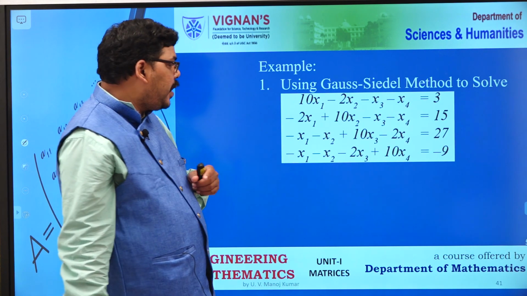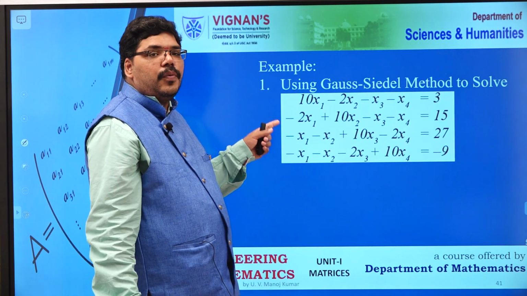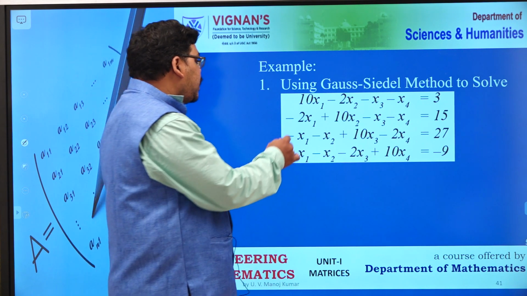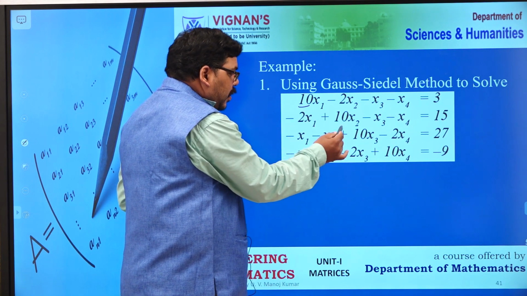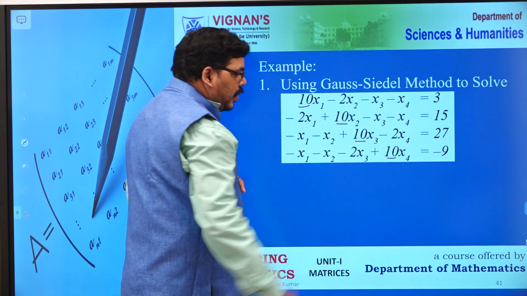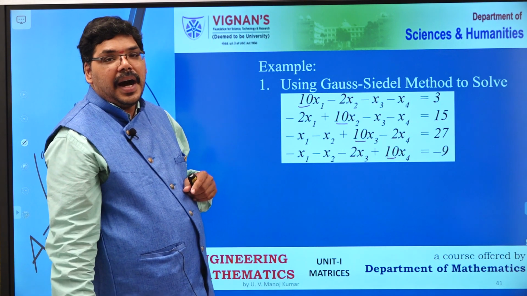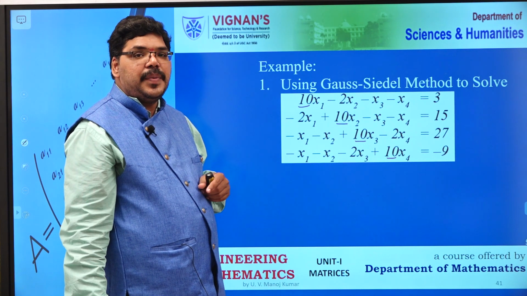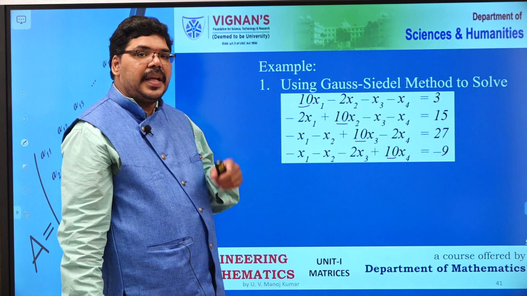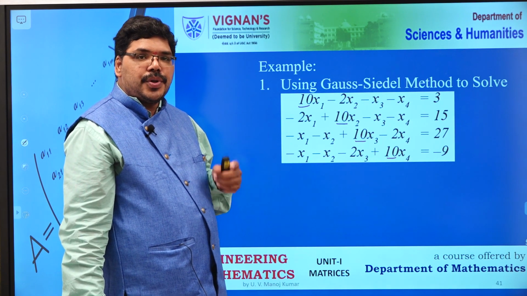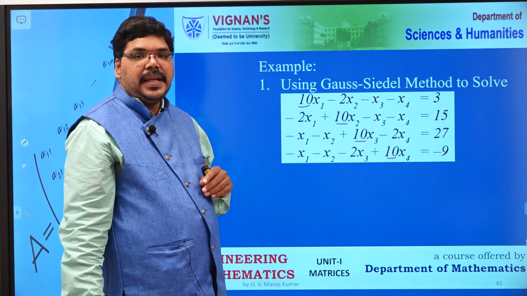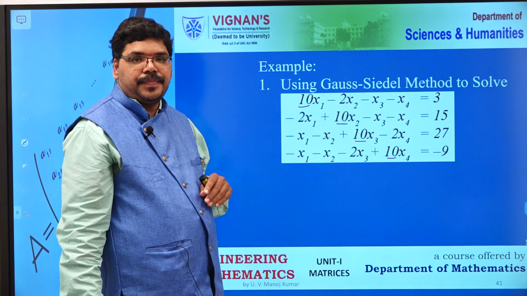If you want to write the coefficient matrix, what are the diagonal elements here? 10, 10, 10, 10. Are they bigger than the remaining elements of the particular row? Yes, they are. So this arrangement is ready for applying the Gauss-Seidel method.